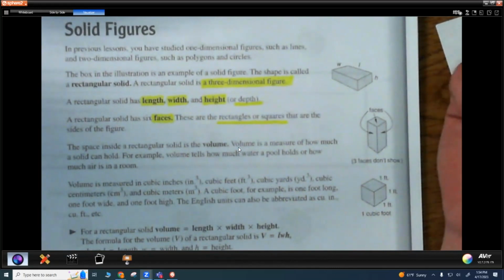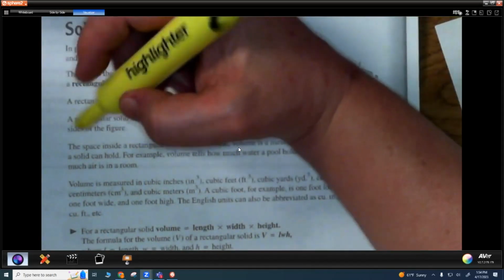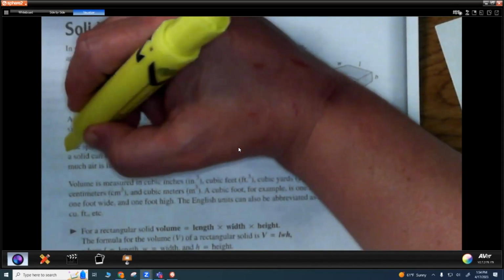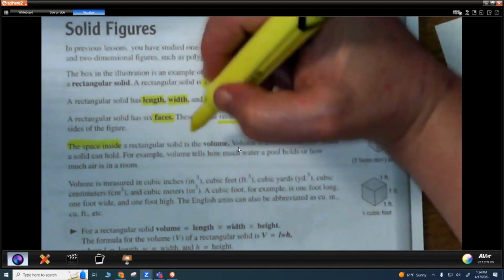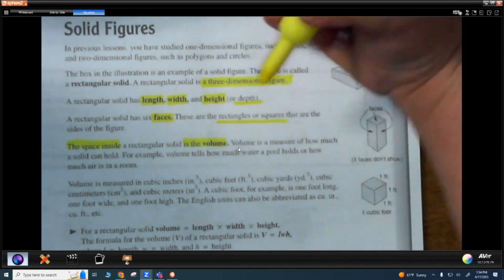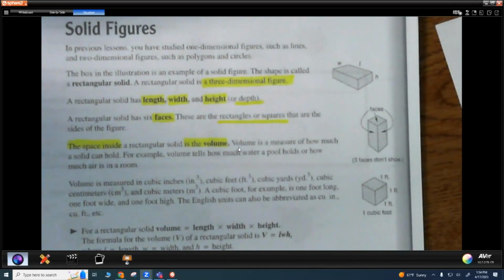The first and most common way that we measure the space taken up by a solid figure is with a measurement of volume. Whenever you think about how much something can hold, you're asking how much volume it can take.